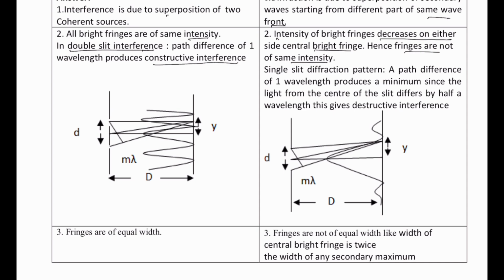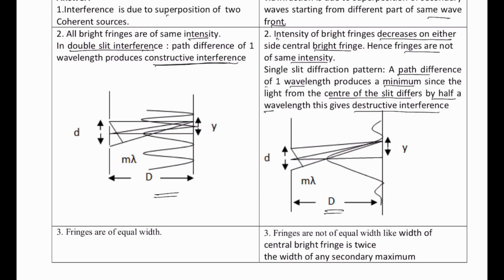In the single slit diffraction pattern, a path difference of one wavelength produces a minimum, since the light from the center of the slit differs by half a wavelength. This gives destructive interference, whereas in the same condition in the interference fringe pattern we get constructive interference. Okay, so you can show these two pictures, okay, to elaborate more.